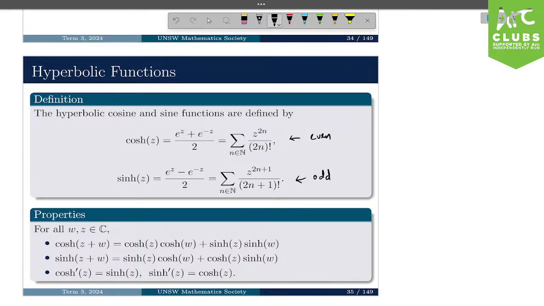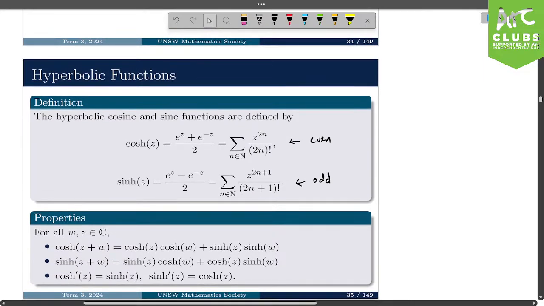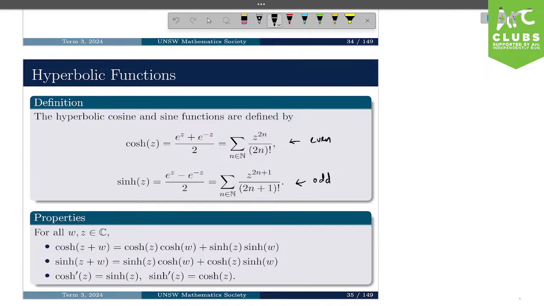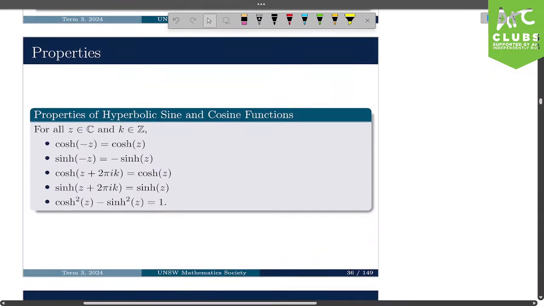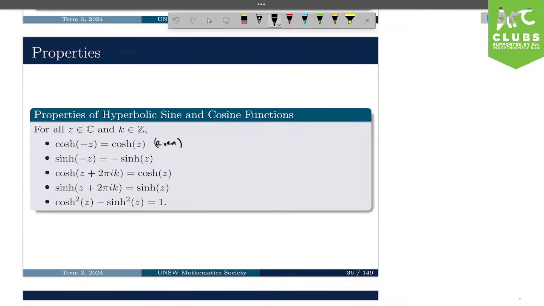These two functions have some pretty neat properties, right? We've got an angle-sum identity, which is worth remembering for both of them. And they also are each other's derivatives, right? So the derivative of cosh with respect to z is sinh z, and the same thing for sinh. Some other properties, as I've said, cosh is an even function, sinh is an odd function, and they're both periodic with 2 pi I, right?